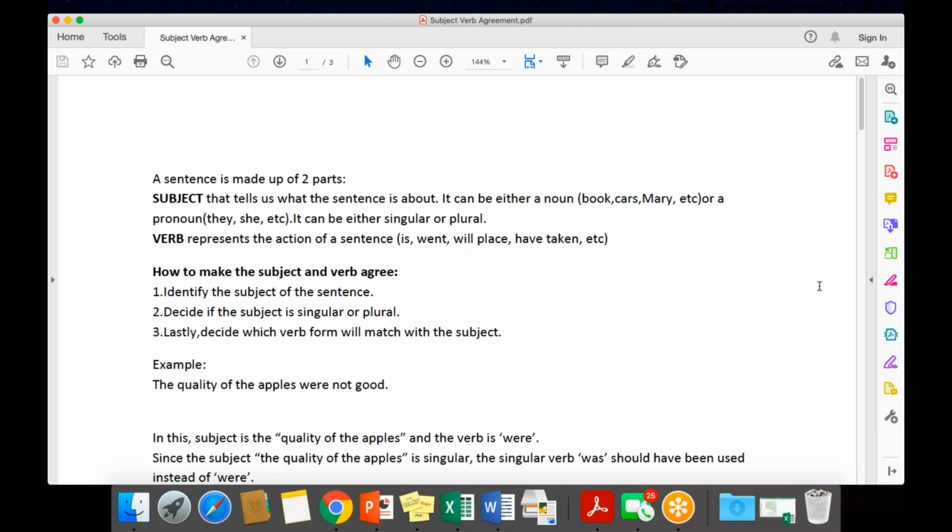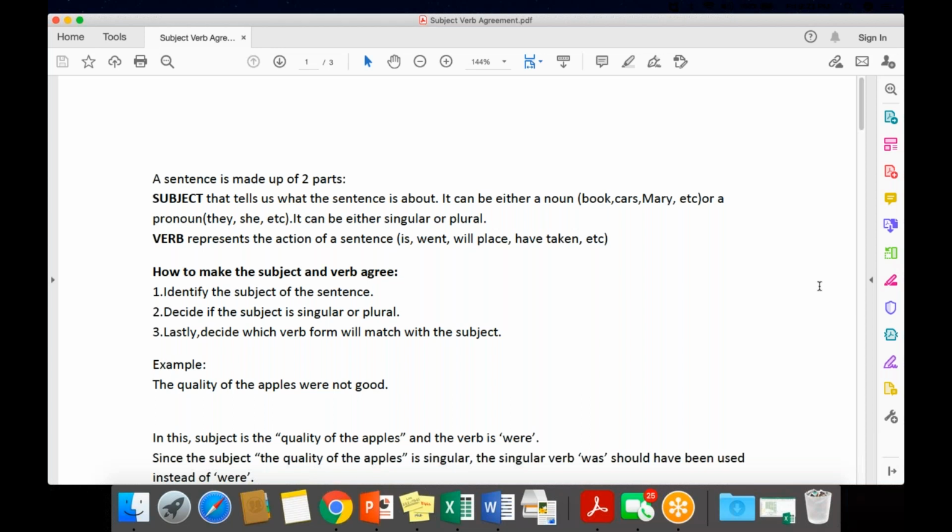And if they are not, then my sentence will end up being grammatically incorrect. So it's very important for me to ensure that if I'm writing a sentence, my subject and my verb are in coordination. If I'm reading a sentence and checking it for a grammatical error, the subject and the verb of that particular sentence, they are in coordination. So this is very important.